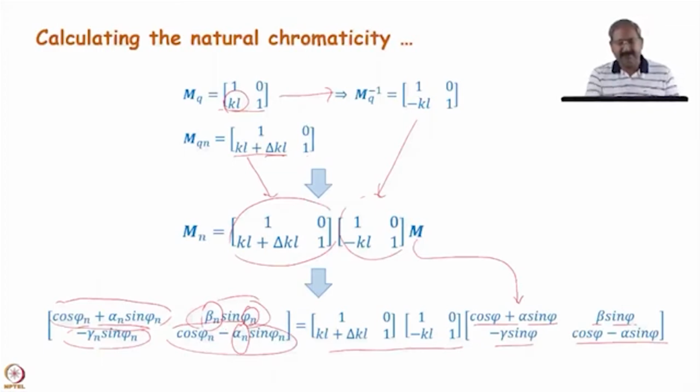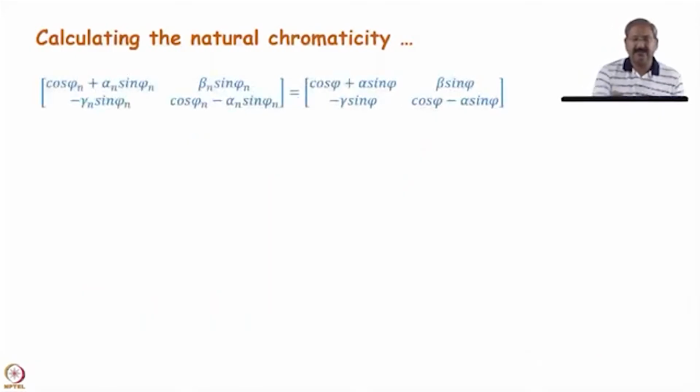So if we compare the elements of LHS and RHS, we can get the change in tune due to delta P, or the change in strength. There should be a matrix. This is written wrongly.